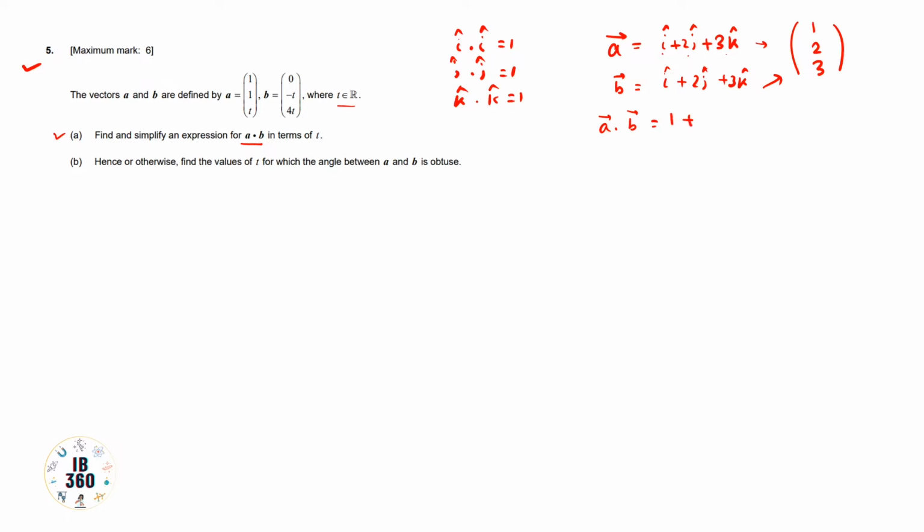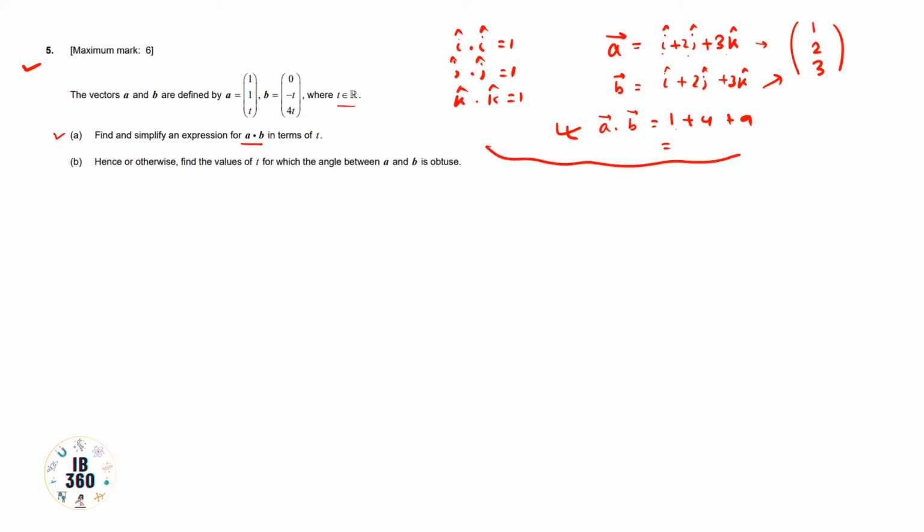So 1 plus 4 plus 9. Because i into i equals 1, j into j equals 4 and k into k equals 9. Now we can find the answer. So in this way A dot B, or the dot product of any vectors, is calculated.